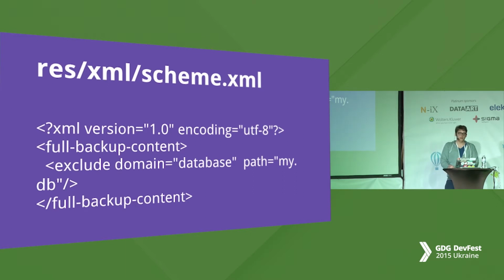The file is really simple. The schema is really simple. You just exclude my database file from the backup list. The important thing is that instead of just putting the hard-coded database directory, so without this domain, we would just have the path databases/mydb, we use the domain.